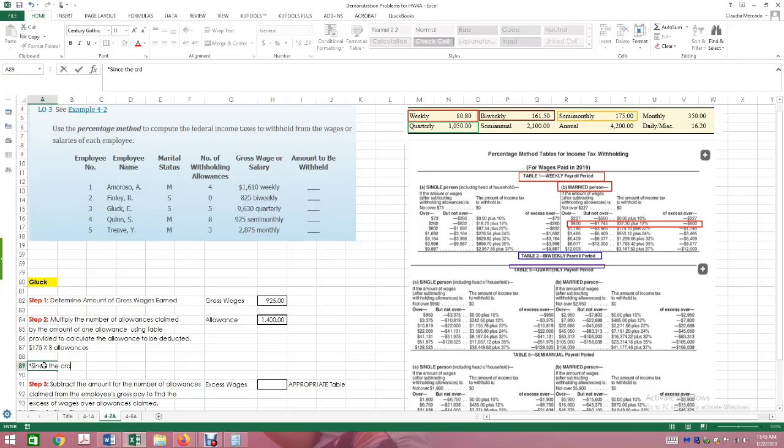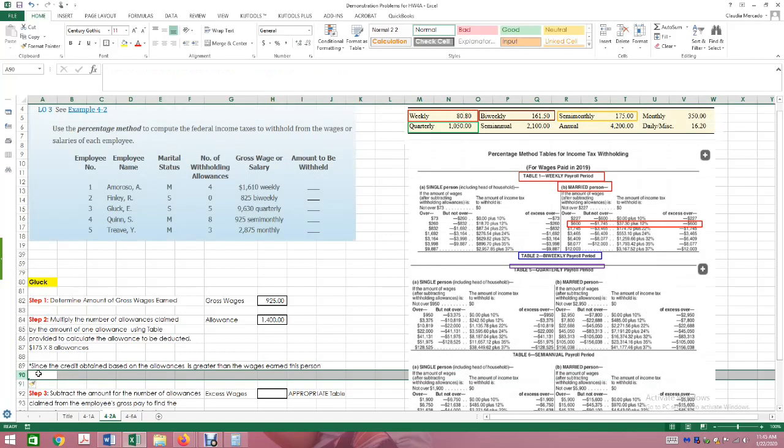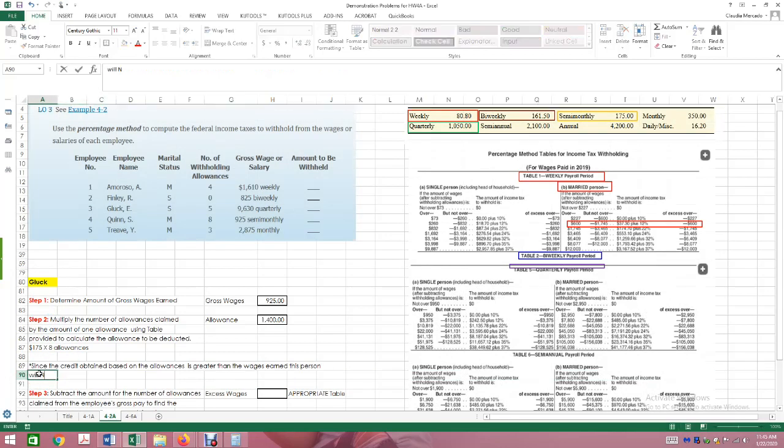Since the credit obtained based on the allowances is greater than the wages earned, this person will not be withheld any income tax from their paycheck.